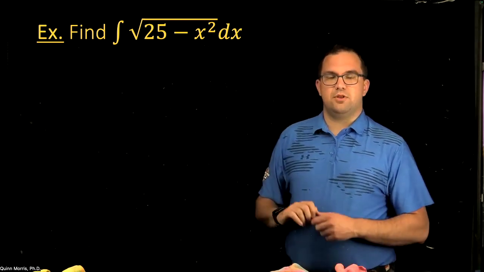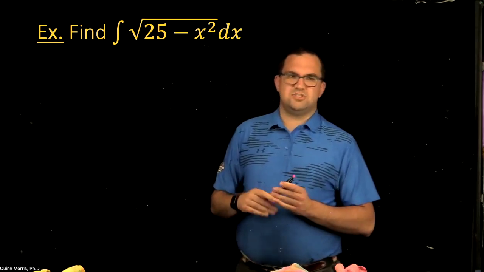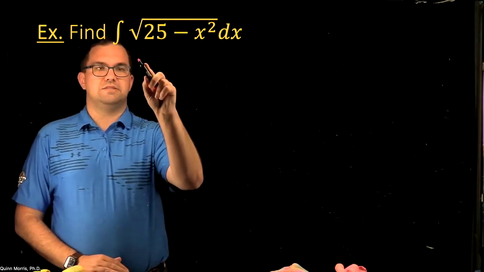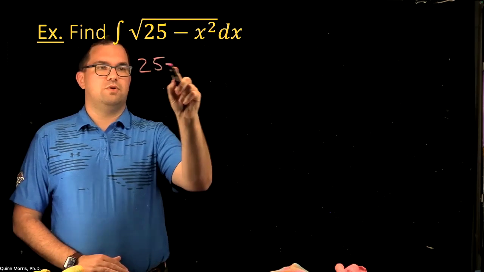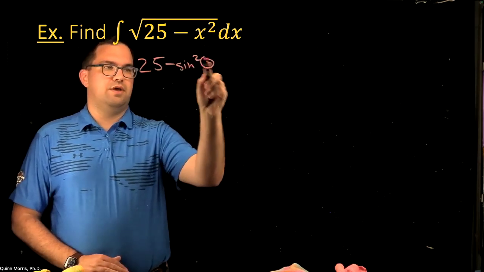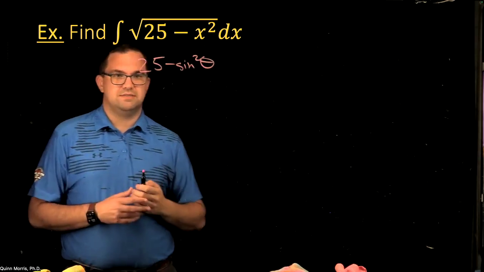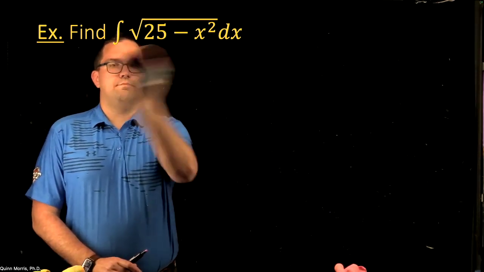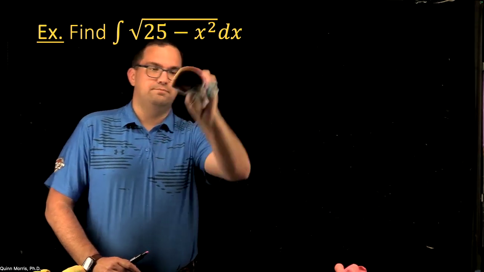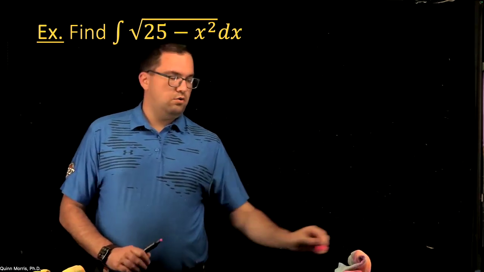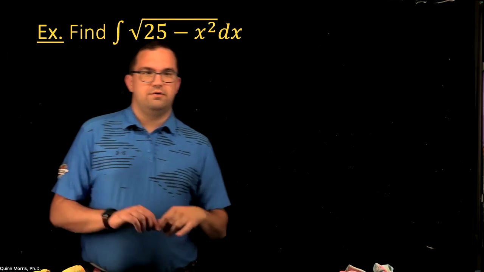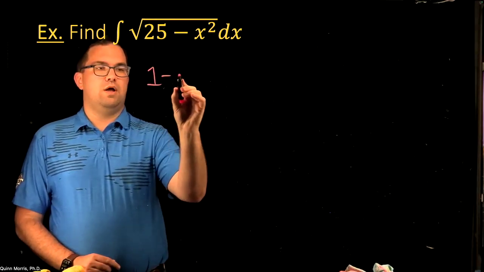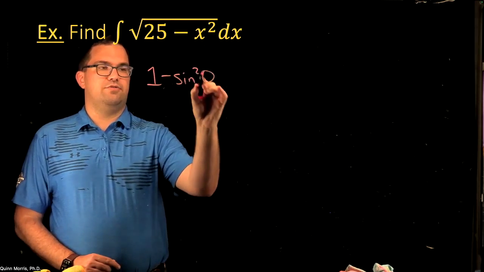We want to do something similar here, but I can't just plug in sine here, right? In particular, if I tried just plugging in sine, I'd end up with 25 minus sine squared theta, which, well, isn't equal to anything useful. So what I need to do here is remember that my goal before was to end up with a 1 minus sine squared theta.